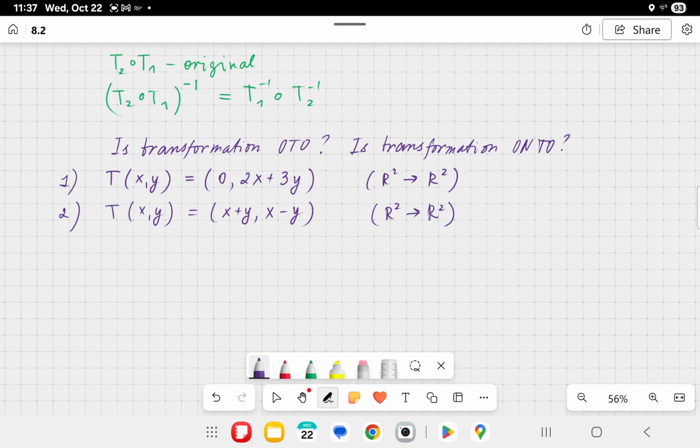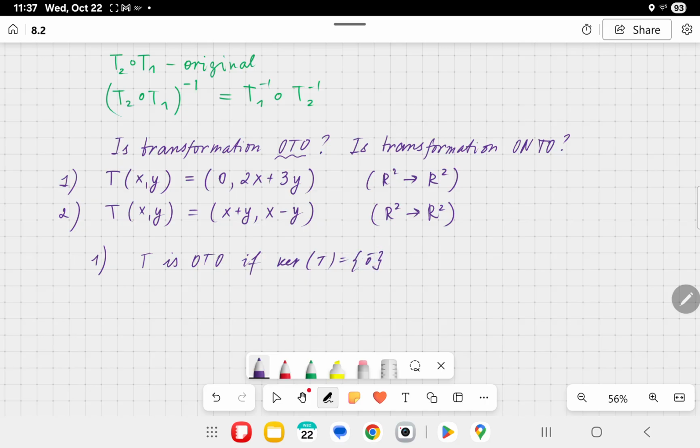Well, let's talk about the first problem. Is it one-to-one? I'm going to use my advice about kernel. The kernel theorem tells that T is one-to-one if kernel of T is equal to 0.